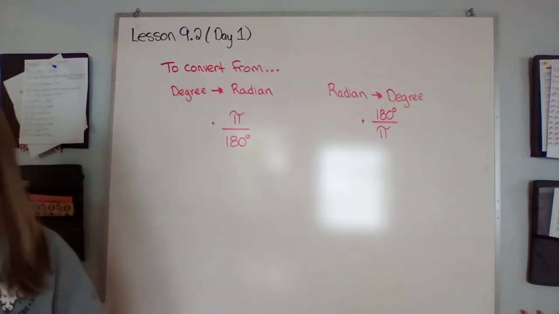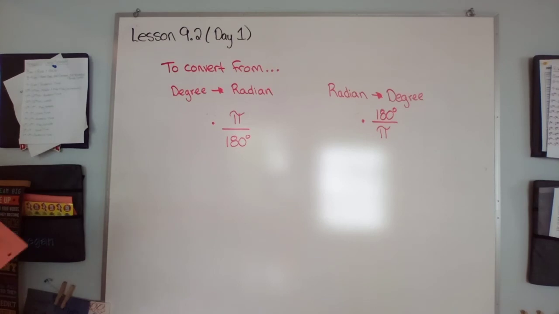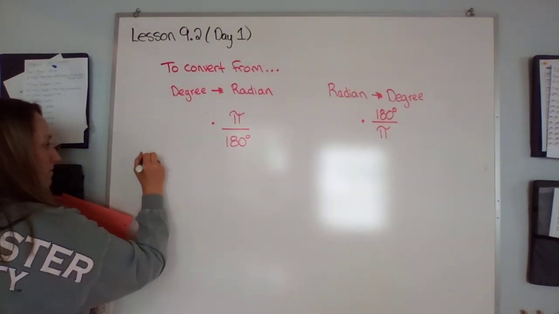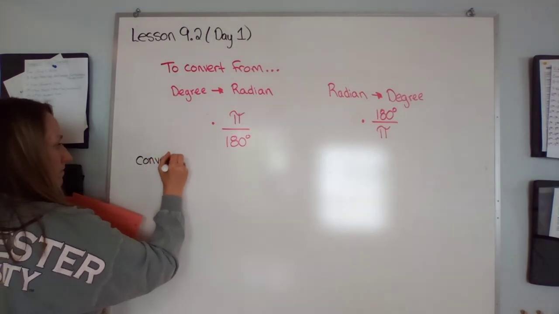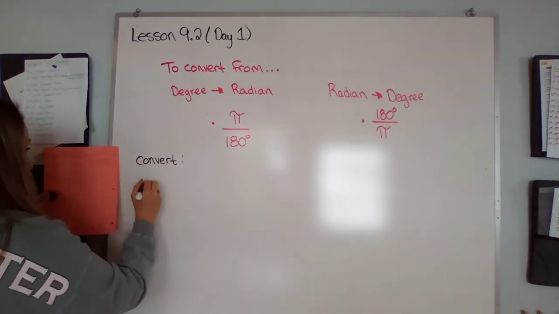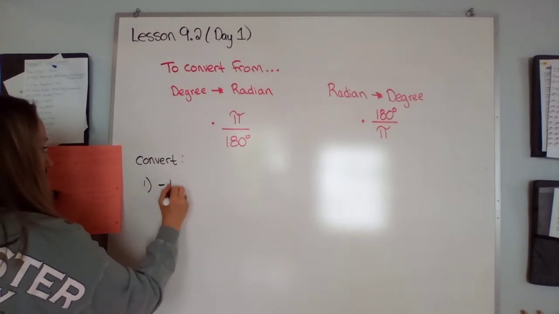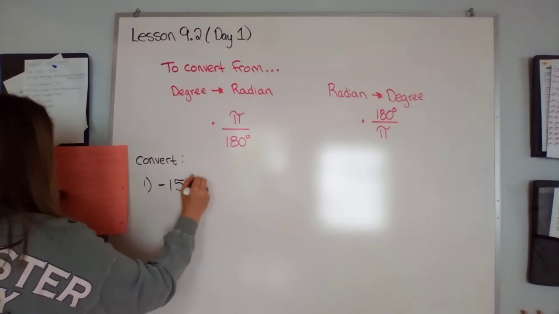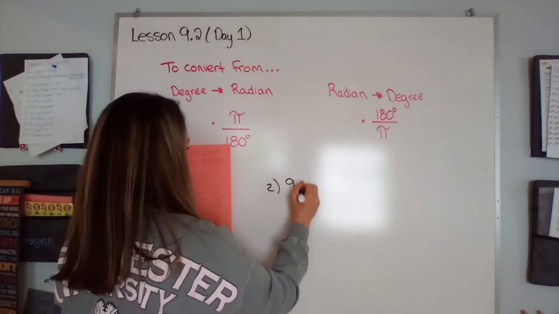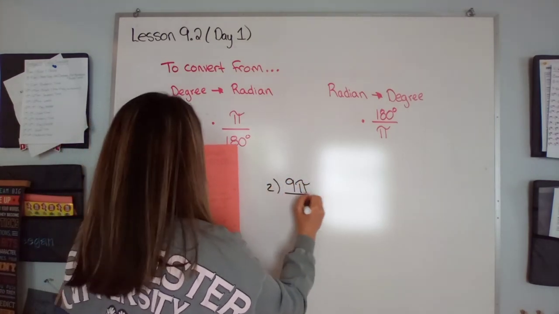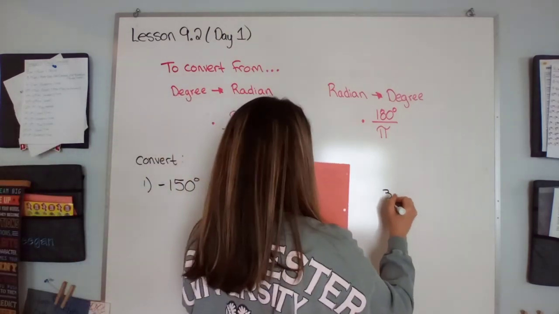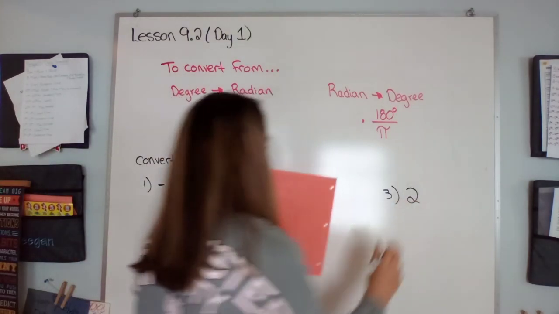So I'm going to ask you to convert: the first problem is going to be negative 150 degrees. The second problem is going to be 9 pi over 4. And then the third one is going to be 2.